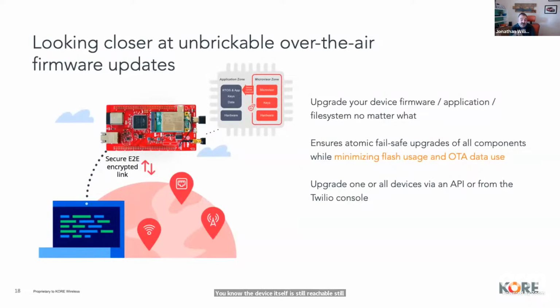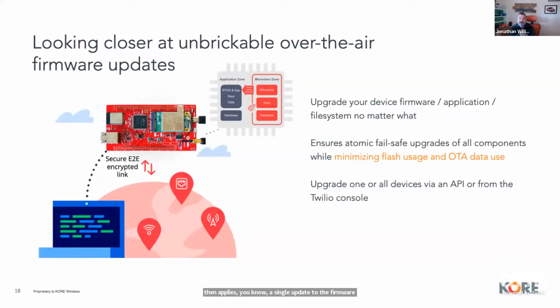And a second benefit of a Microvisor approach is that Microvisor takes care of moving the data required to apply an update from the cloud to a staging area in the QSPI storage, where it remains encrypted. So once the device has all of the changed parts of the application or firmware stored safely in that area, it then applies a single update to the firmware application file system of the device.